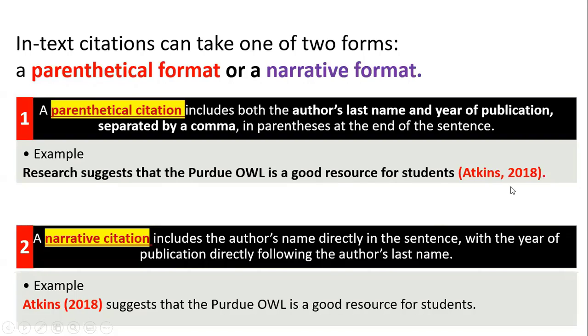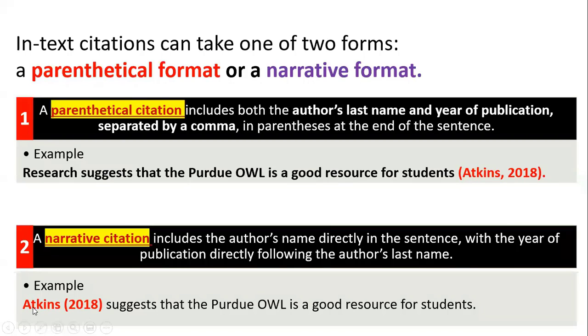Now, this format works if you're simply just putting your citation at the end of the sentence. But sometimes you're going to put the citation at the beginning of the sentence, which is what we call a narrative citation. In this case, the format is a little different, but the structure is still the same.